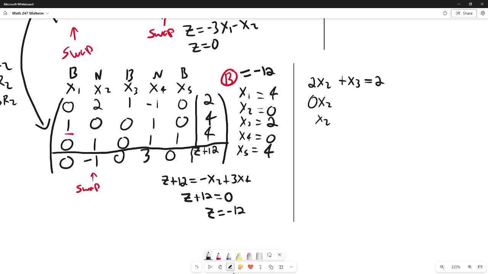This 0x2 is associated with this x1, so plus x1 is equal to 4. And then this 1x2 is associated with this x5 over here. So plus x5 is equal to 4.